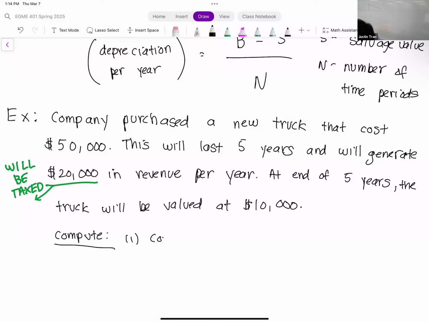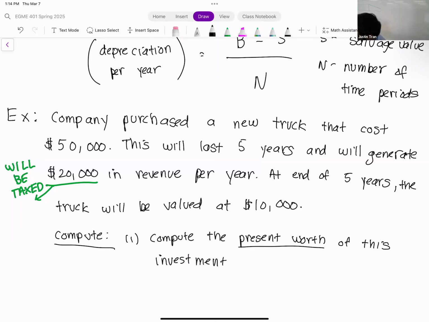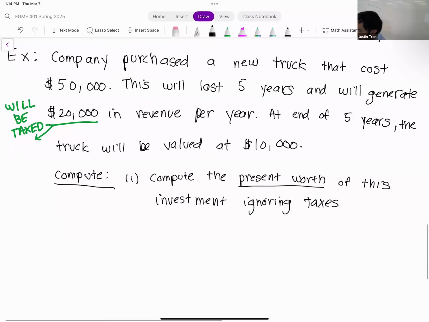Let's compute the present worth of this investment, but we're going to ignore taxes like we usually do. We're going to buy our truck, write it off, and run away from the IRS. That's part one of this problem.